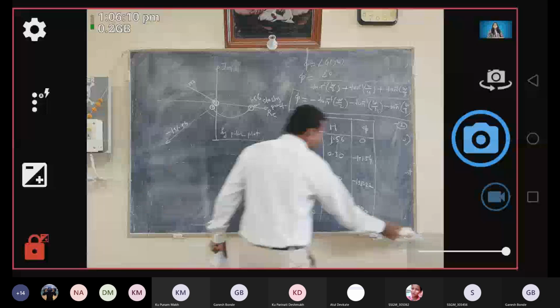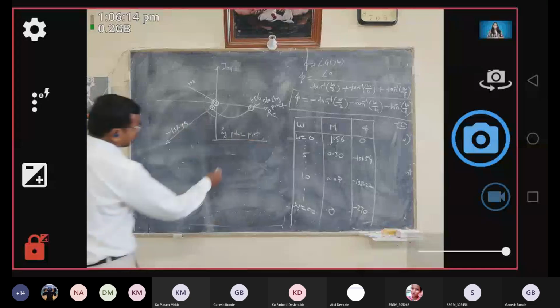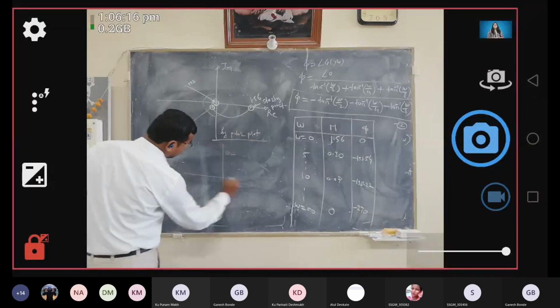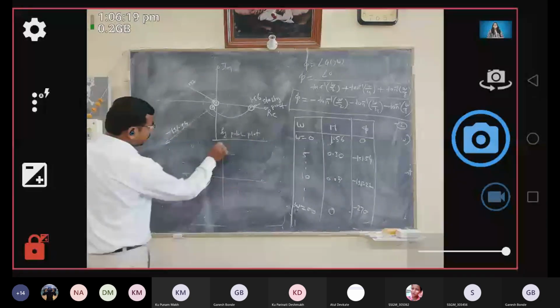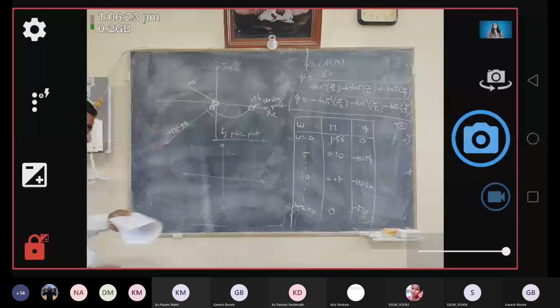So in general, how is the nature of the start of your polar plot? Just remember this structure and you will get a rough sketch, which will be useful while solving examples in GATE.